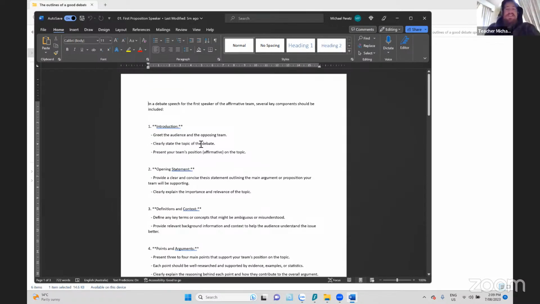I'll post all of these documents in your Zalo group so you can have a read of them and have a look at a good example. I'll read out the list and then I'll get someone in class to read out the example speech. And then we can spend a minute or so talking about all of those parts and how they appear in that speech.